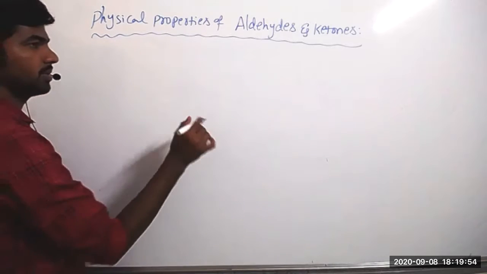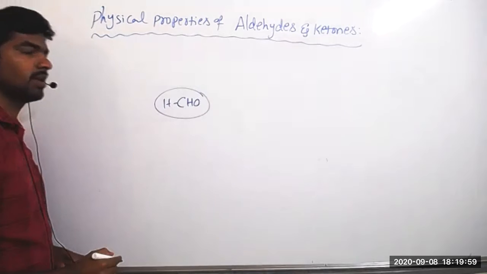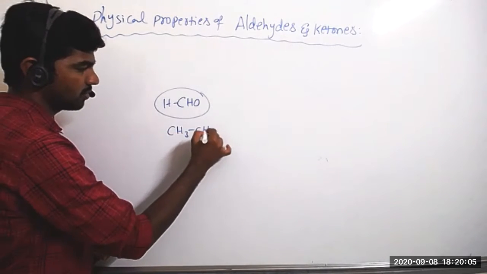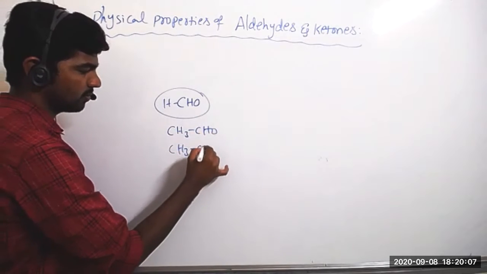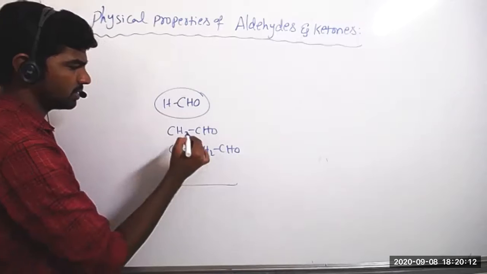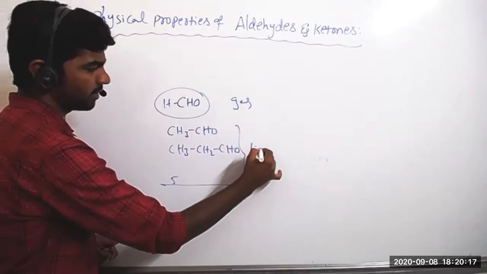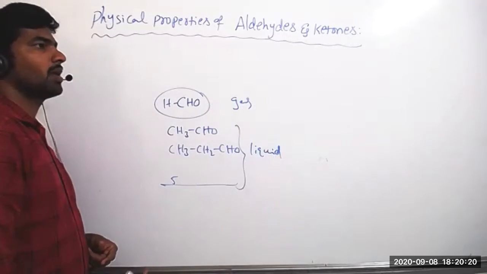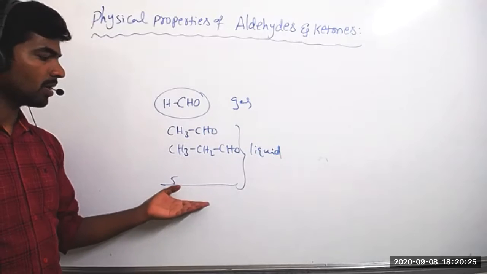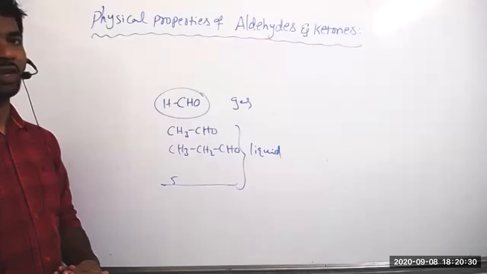See about first, don't write these points now. Methanal is a gaseous substance. Then further, ethanal, CH3CHO, even propanal, and up to 5 carbons, we can see these are liquid substances. This is gas, these are liquid. It means the lower members of aldehydes and even ketones exist as liquid substances. If the number of carbons increases, either aldehydes or ketones exist as solid substances.